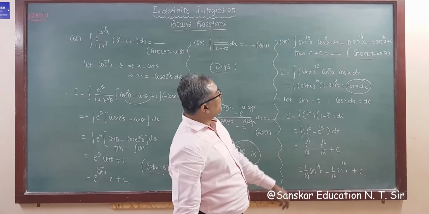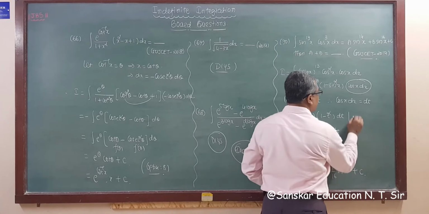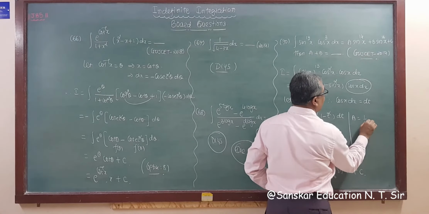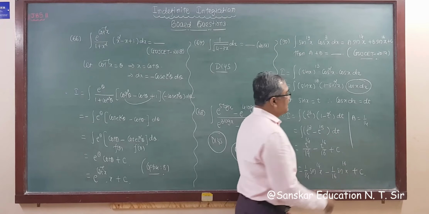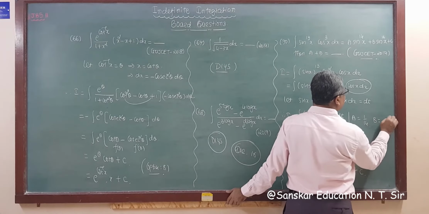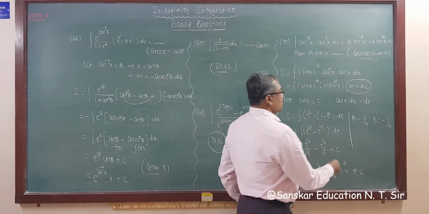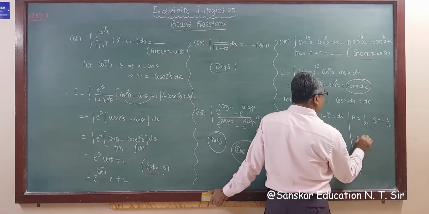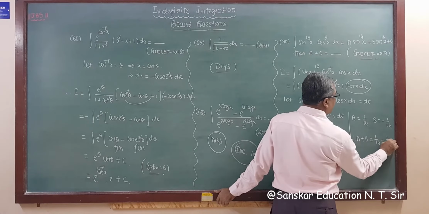Now a is the coefficient of sine 14 x, that is 1 upon 14. So a is equal to 1 upon 14 and b is the coefficient of sine 16 x, so b is minus 1 upon 16, and we have to add these two. So a plus b is equal to 1 upon 14 minus 1 upon 16.